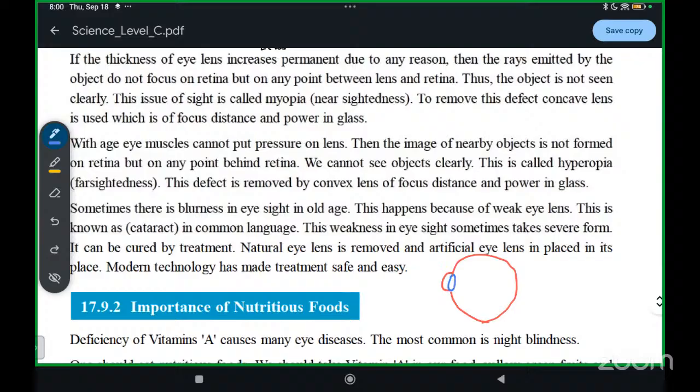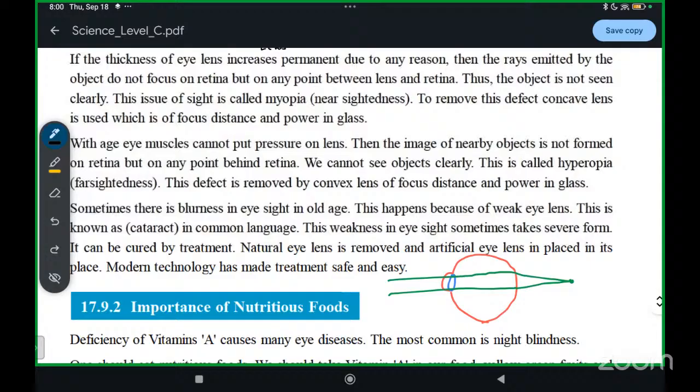Light rays will enter from here and meet here, at the back of the retina.